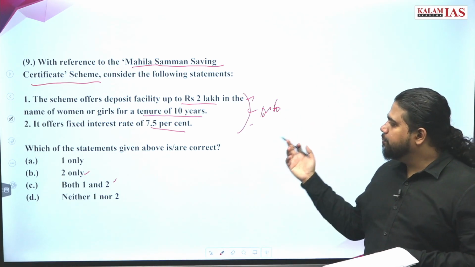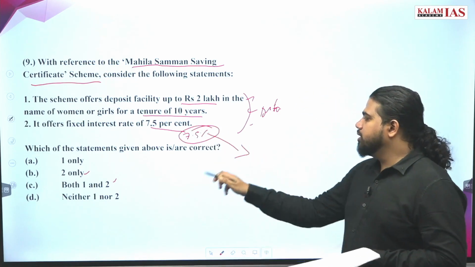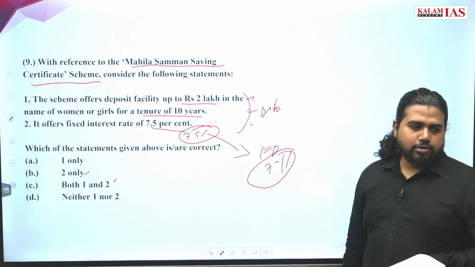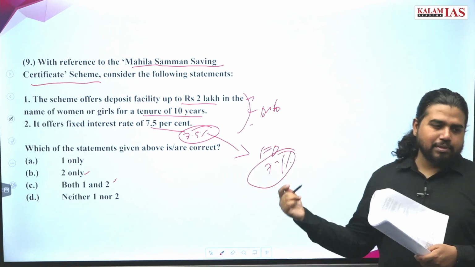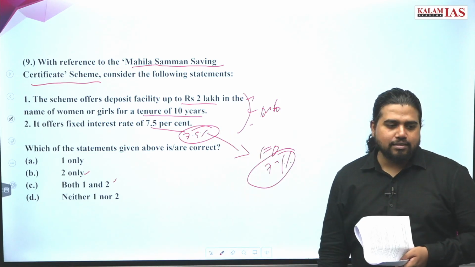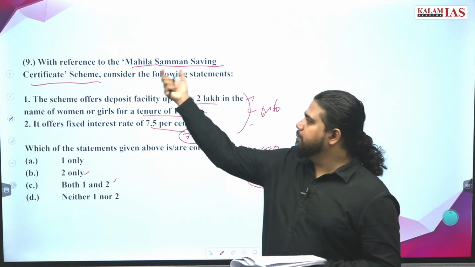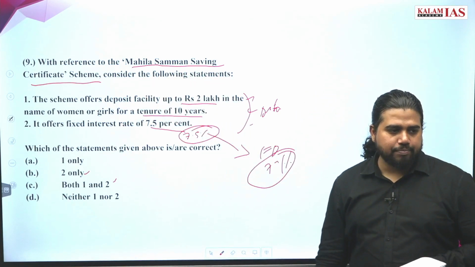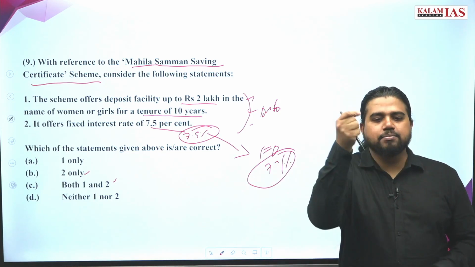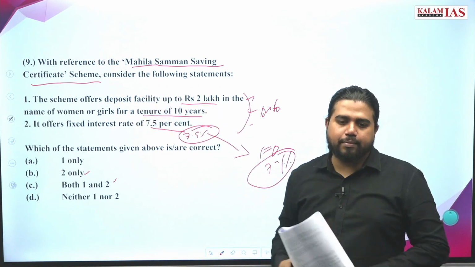Now here if I have to pick one data, 7.5%, what all can you think of this? Usually the FD rate in India is around 7.1% or 7.2%, around 7%. Now 7.5% means slightly kept above the FD rates. If the government is coming with a special saving scheme, and anyone has to invest in that scheme, the interest rate should be kept slightly higher, so that there will be some motivation to keep money in those.